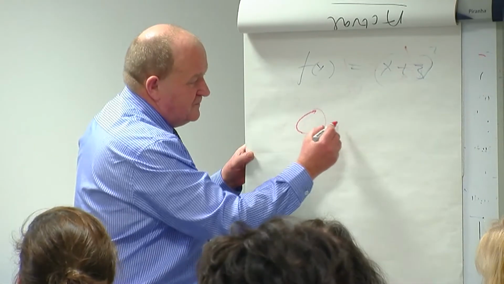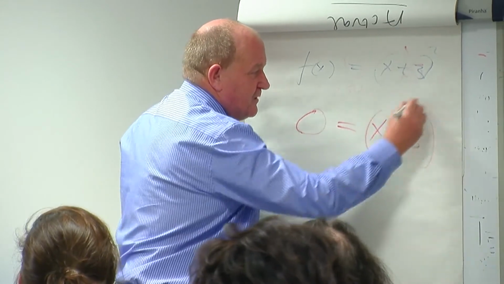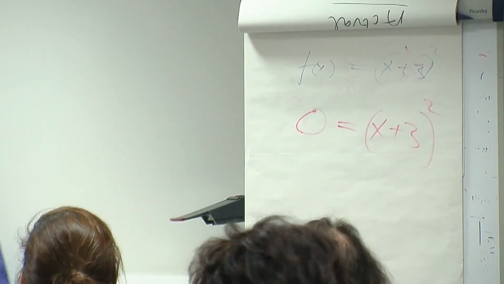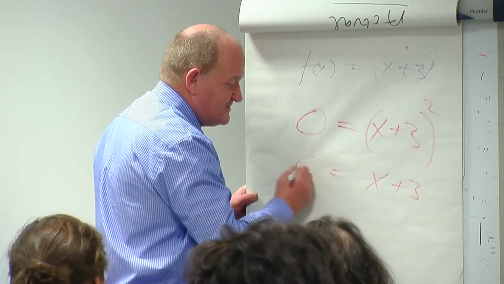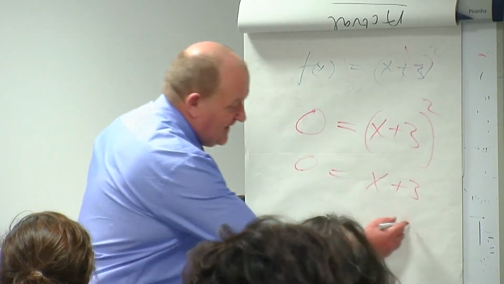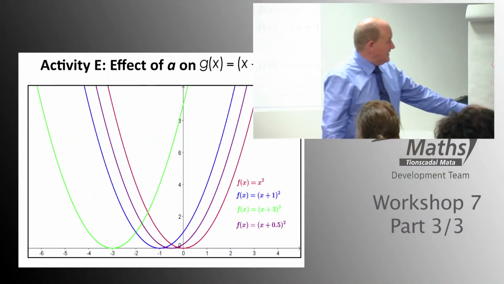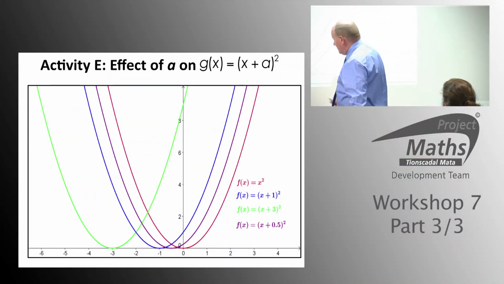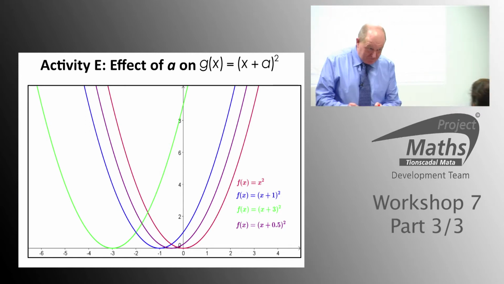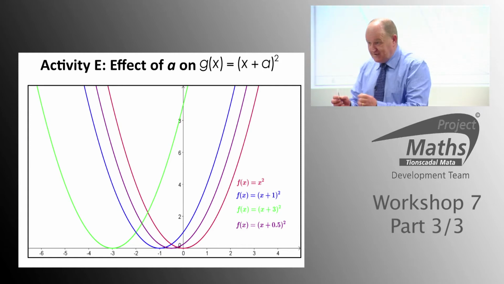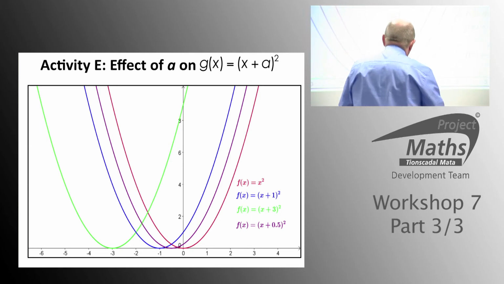So 0 equals (x + 3) squared. Take the square root of both sides: x + 3 equals 0, so x is equal to minus 3. So the point (-3, 0) has to be on the graph. It's kind of counterintuitive, so (x + 3) squared has a minimum point at (-3, 0). Is that okay with you? So we know those types now.